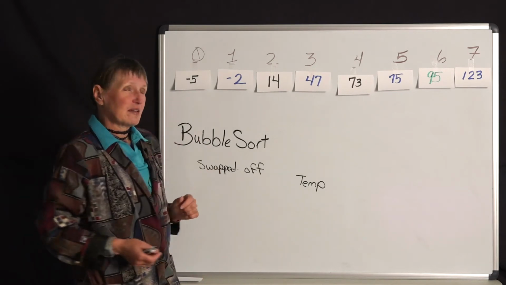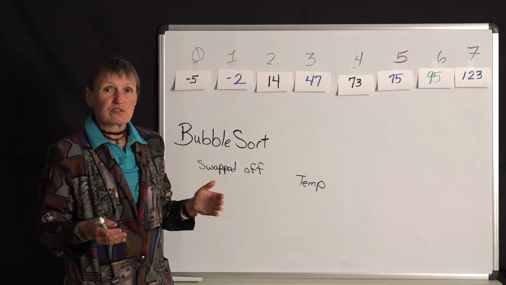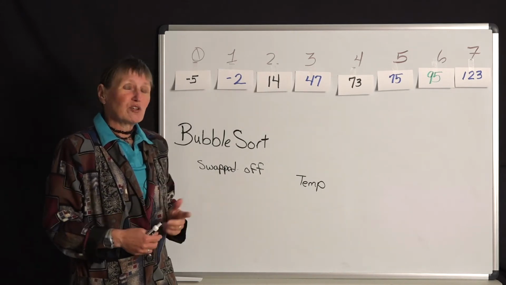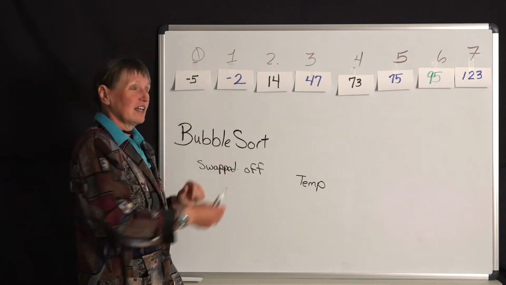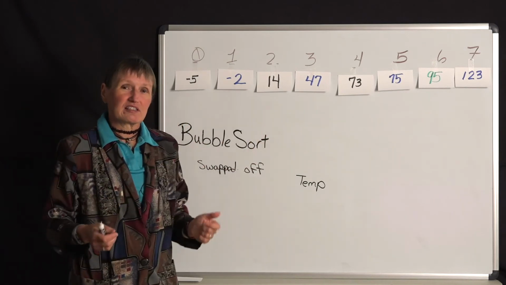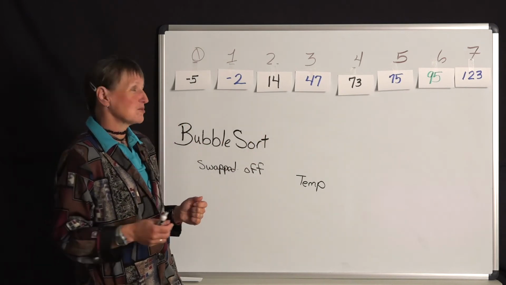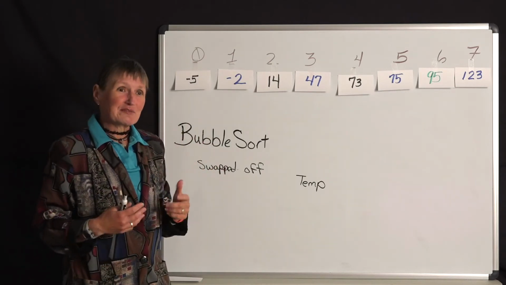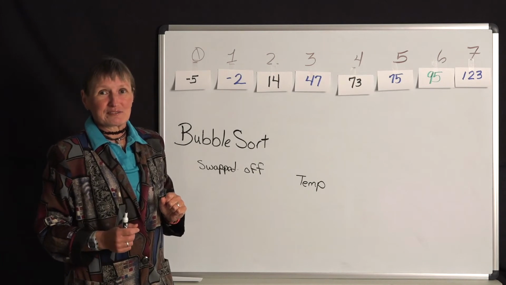So I hope this demonstrates how to use the algorithm of the bubble sort. In class, normally we would actually pick numbers and sort together walking through this, but I'm hoping this will demonstrate it a little bit easier.